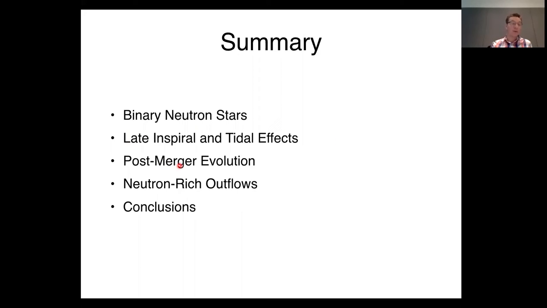First I will talk about the late inspiral and the kind of science that we can do by observing late inspiral and merger signals from merging neutron stars. Then I'm going to switch topic a little bit and talk about post-merger evolution. And finally, the nuclear-rich outflow that can come from these mergers.